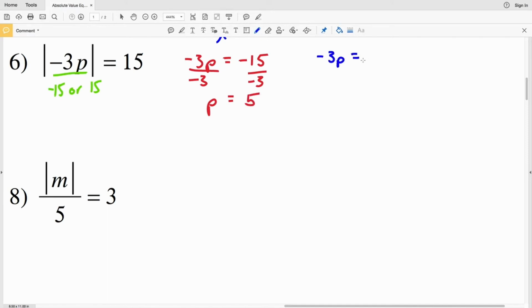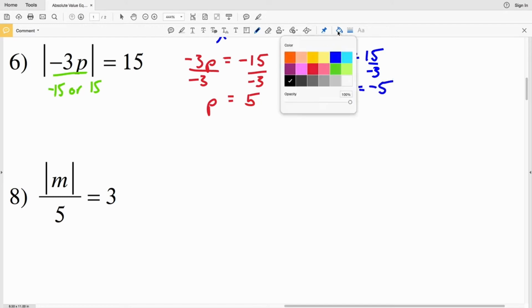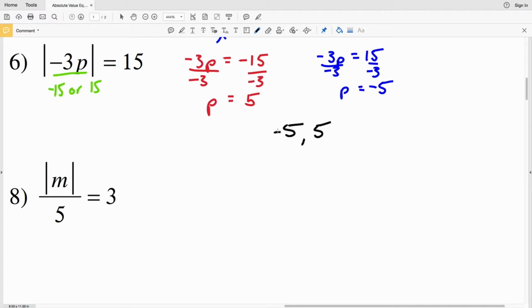If negative 3p equals a positive 15, when we divide by negative 3, we're going to get that p equals a negative 5. So in the case of number 6, p is either negative 5 or positive 5.